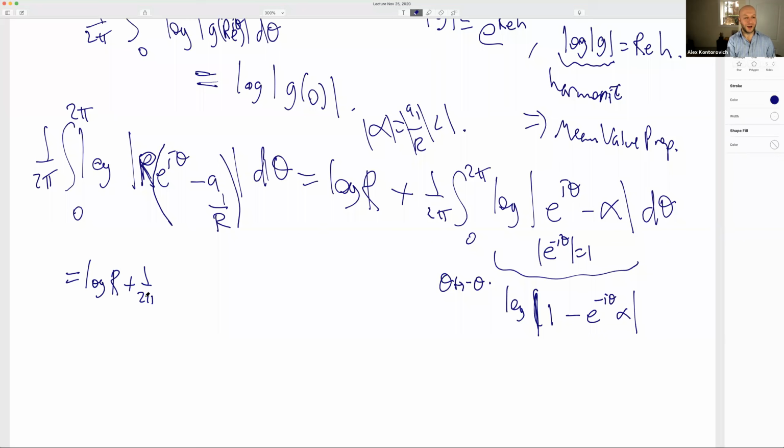There's a 1 over 2 pi. When I change theta to minus theta, this becomes minus 2 pi to 0. And this has a minus sign, and I can use this minus sign to bring this back to 0 to 2 pi by the shift invariance. And then I have log of 1 minus e to the I theta alpha d theta. Okay, so far so good.